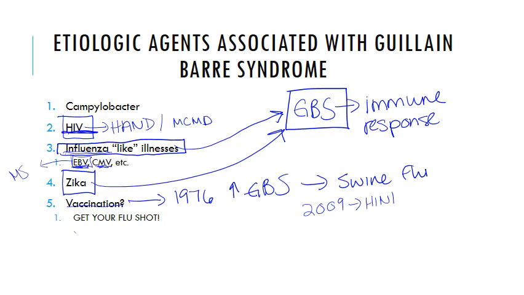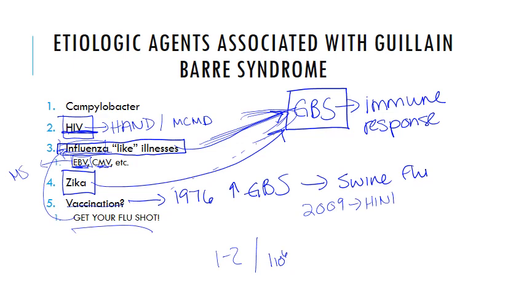However, you should still get your flu shot, because here's the thing. Remember up here, influenza-like illnesses are a risk factor for GBS. There's this small risk, maybe 1 to 2 greater cases with vaccination per million people for developing GBS. But if you get infected with the flu, your risk for developing GBS is so much more than if you just got vaccinated for the flu.